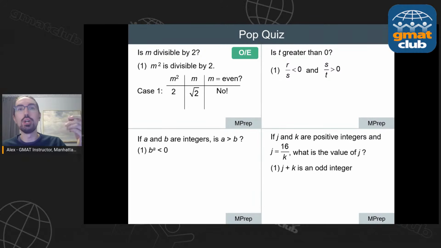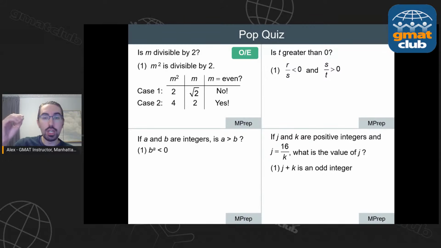And that gives us a no answer. So then we want to think of a yes answer, and this might actually be easier to think of, where m squared is 4 and m is 2. Once we have a no and a yes, that means we know that this statement is not sufficient.